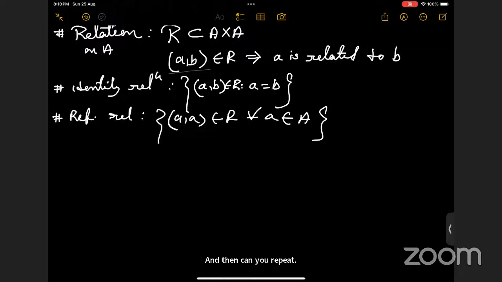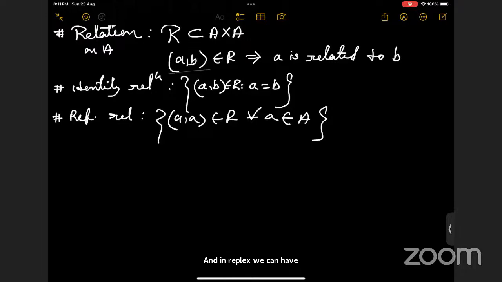What is the difference between an identity relation and a reflexive relation? Ma'am, the identity relation is a subset of the reflexive relation. In identity relation, we only have pairs like (a, a), and in reflexive, we can have (a, b) also.